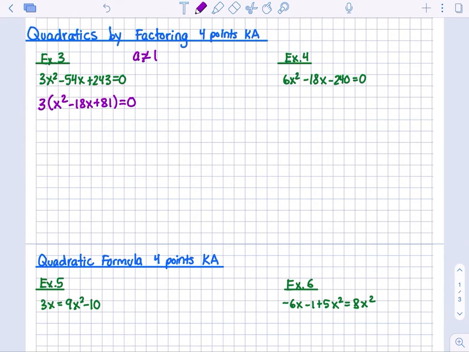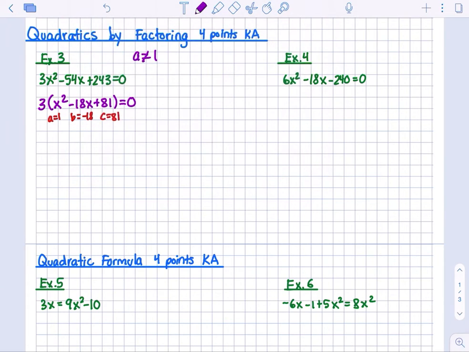Alright, and then we just look only in the parentheses, disregarding that 3. a is equal to 1, b is equal to negative 18, c is equal to 81, and now we can do our x method.